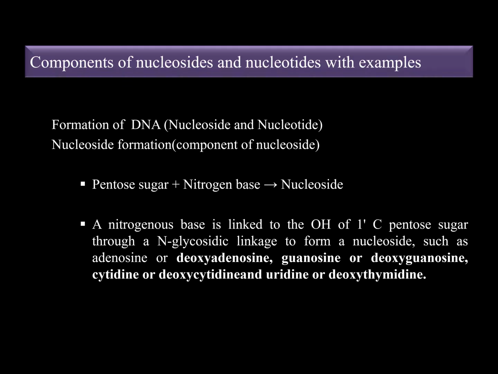Next, when a phosphate group is added to the nucleoside, it becomes a nucleotide. So in one simple line, sugar plus base is equal to nucleoside, and nucleoside plus phosphate is equal to nucleotide. This is a very common exam question, so please remember it clearly.